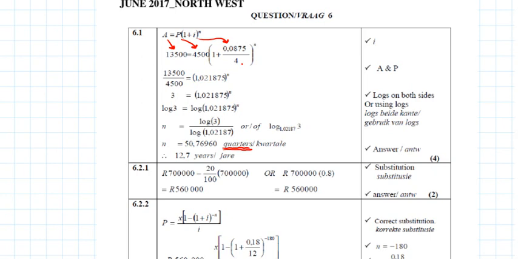Basically 4n is 50.78. That's 4n, like you times by 4 for quarters. To find years, you can just divide it by 4 and get the answer.